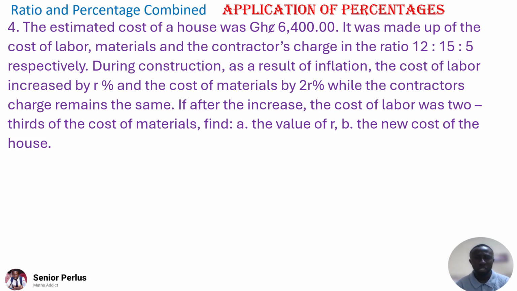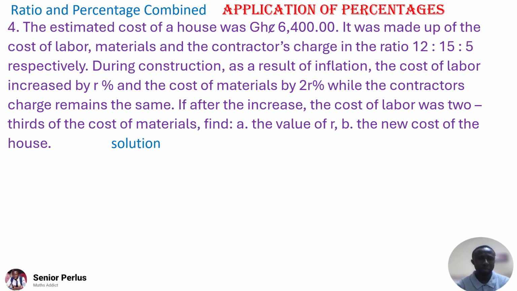During construction, as a result of inflation, the cost of labor increased by 0.5%, and the cost of material by 2%, whilst the contractor charge remained the same. After the increase, the cost of labor was 2/3 of the cost of material. Find A, the value of R, and B, the new cost of the house.